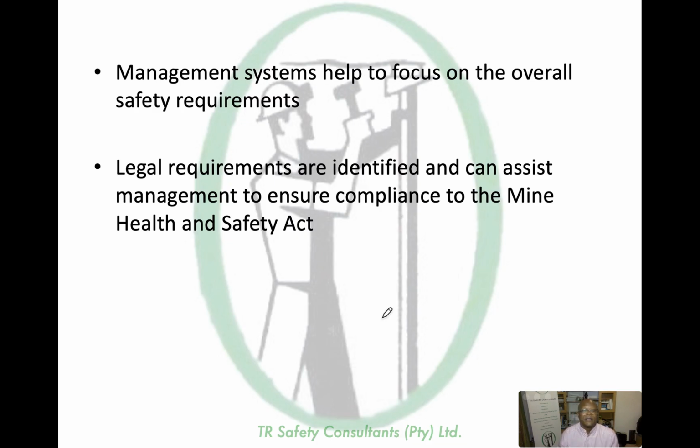And its legal requirements are identified and can assist management to ensure compliance to the Mine Health and Safety Act, which is quite obvious in terms of audits, because if you are not auditing yourself, how else do you know you are being compliant to the Mine Health and Safety Act, which is the paramount book we are using in the mining industry? So you need to have regular audits all the time.